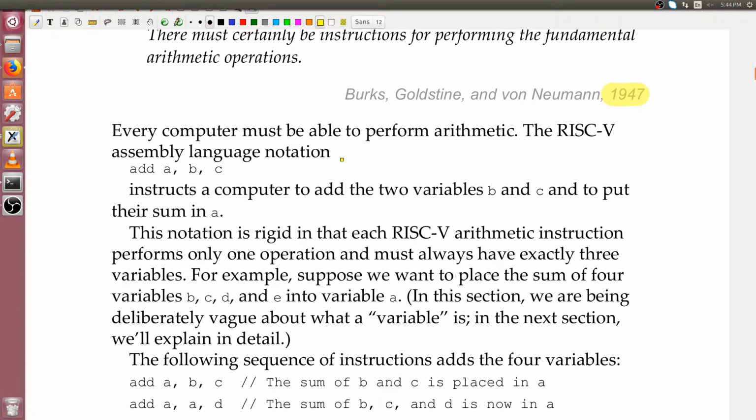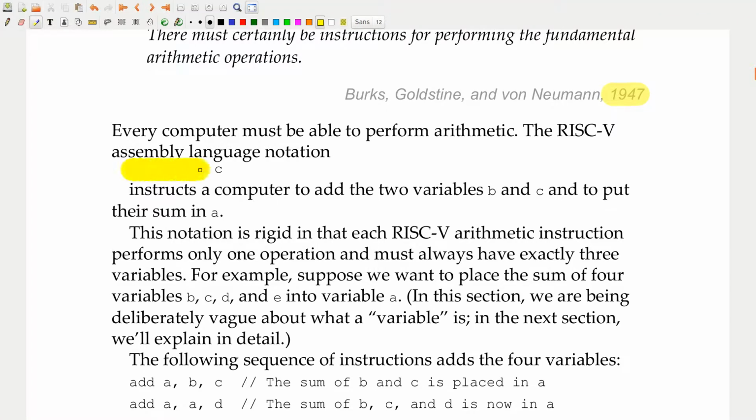So every computer must be able to perform arithmetic. The RISC-V assembly language has the notation add A, B, C, which means add B plus C and store that in A. And we'll see why it has this kind of format. It's basically for the reason that this is eventually going to go to binary.